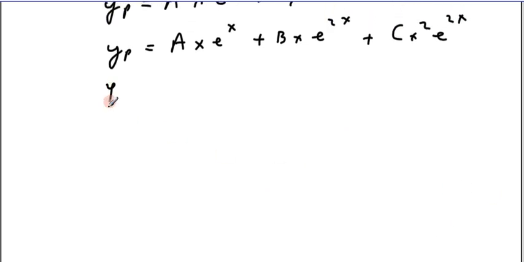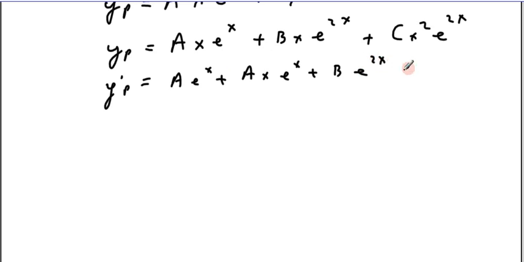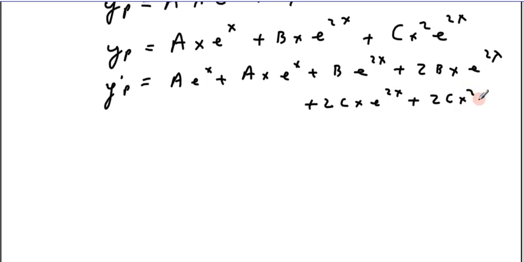So y prime p is a e to the x plus a x e to the x plus b e to the 2x plus 2bx e to the 2x plus 2cx e to the 2x plus 2cx squared e to the 2x.